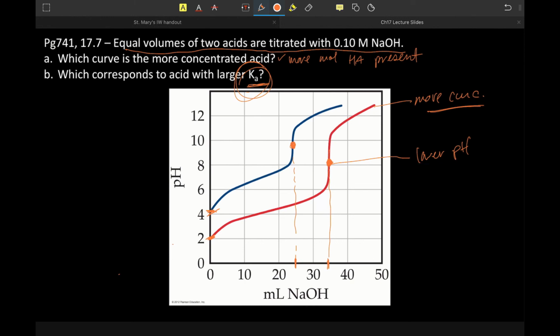All of those are things we could consider. We could also analyze the half equivalence points and the respective approximate pKa's, which would be another route we could go. So all of those are things we could discuss in terms of interpreting the Ka values.